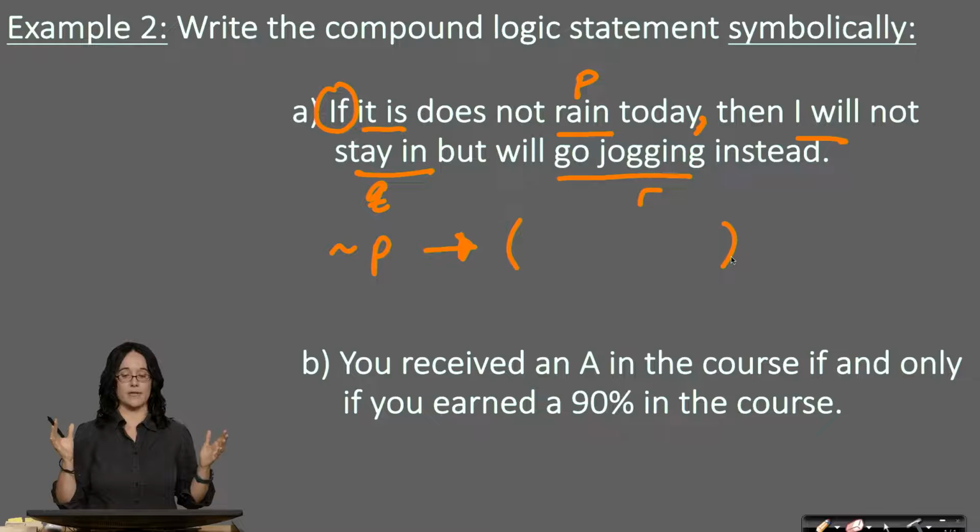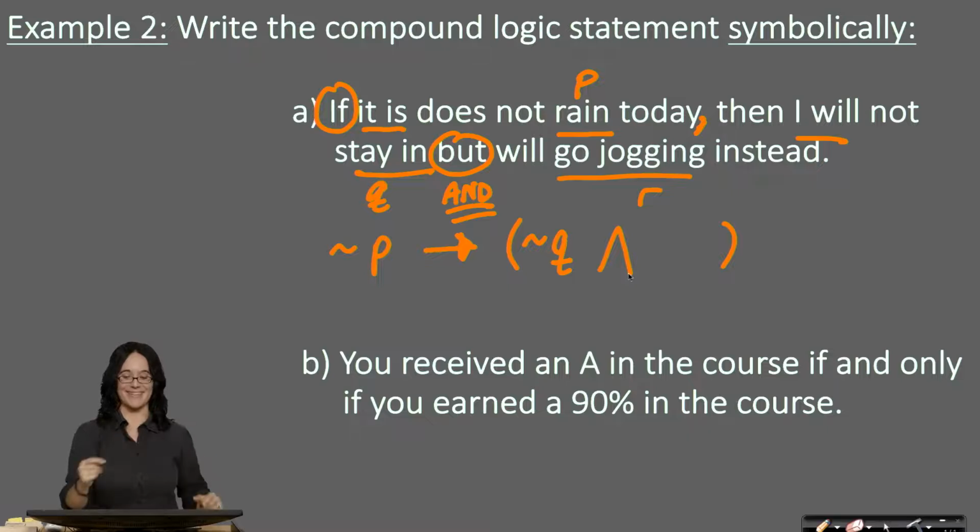What happens if it does not rain today? Well, I will not stay in, but I will go jogging instead. So not staying in would be the negation of Q. That's not staying in. Remember, the word but can also be interpreted as the connective or the conjunction and, right? So the and symbol is the arrow going up, right? And I go jogging, that would just be letter R.